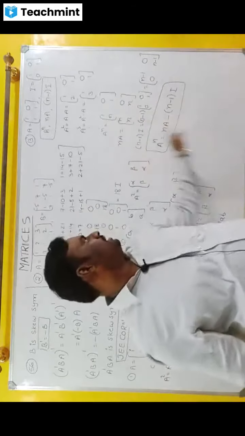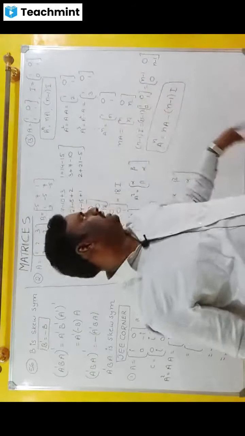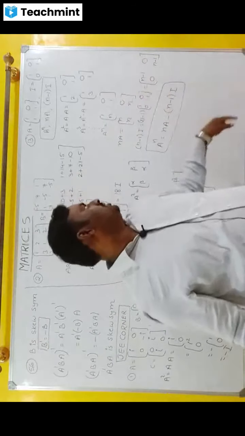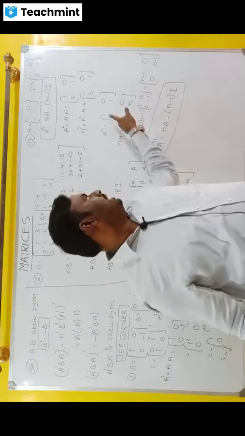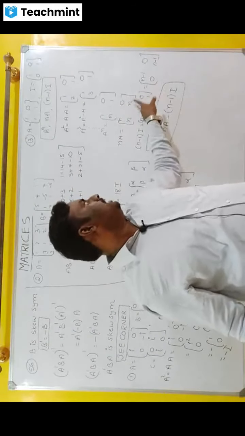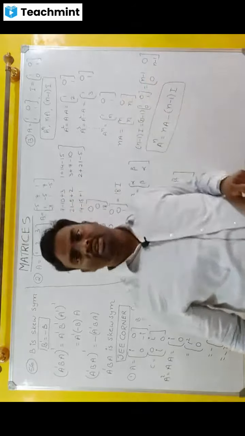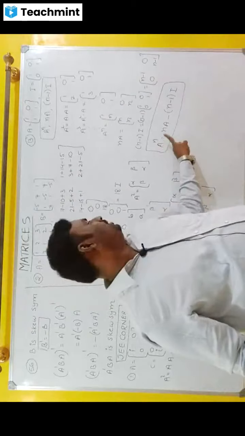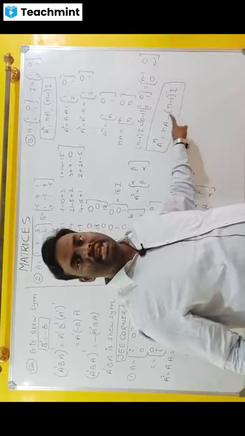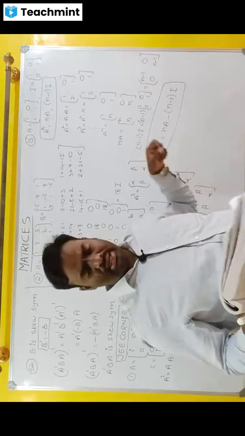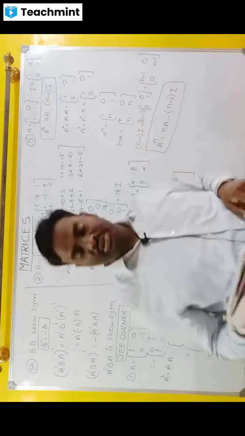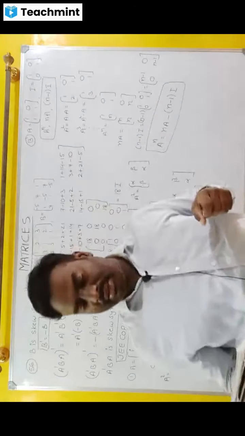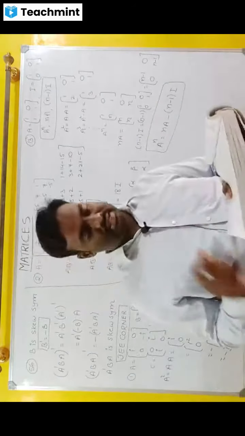Right or not? Yes, because n gets cancelled, you get 1. 0 minus 0, 0, n minus 0, n. And here n and n gets cancelled, you will get 1. Therefore, the final condition is A power n is equal to nA minus n minus 1 into I. This is the answer for question number 30. That is nothing but the first option is the correct answer.